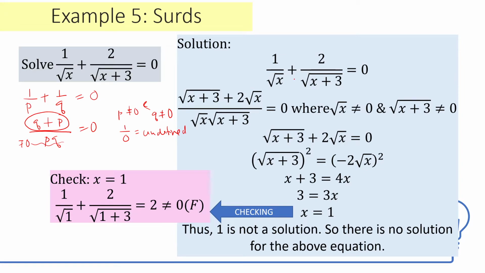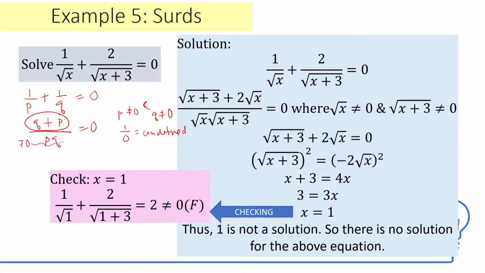Okay, so we change our p becomes surd x, our q becomes surd x plus 3. So we can solve this equation by cross multiplying, and then the denominator, which is surd x and surd x plus 3, cannot be 0.